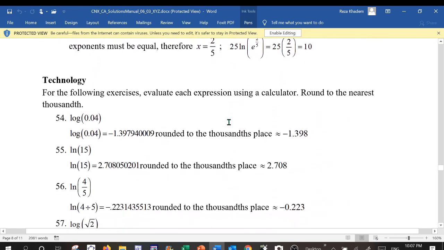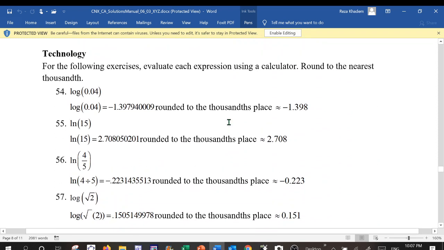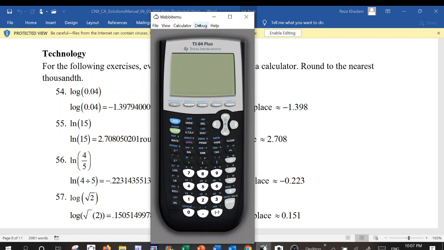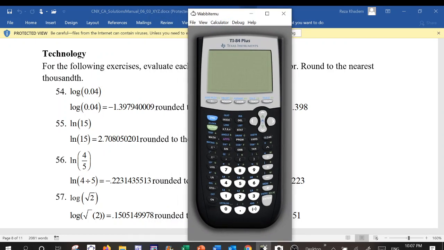Let's do a few more. For the following, evaluate each expression using a calculator. Now, the calculator has log base 10, which is right there, and it has log base e, which is ln.